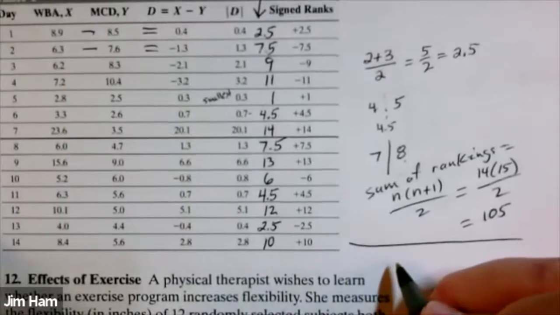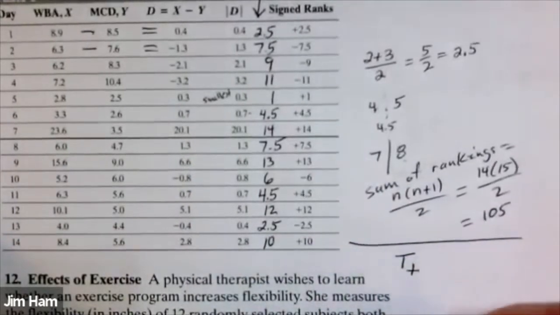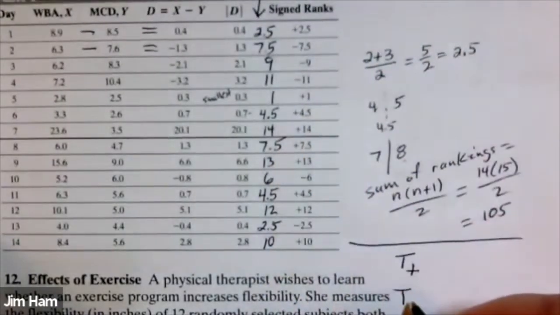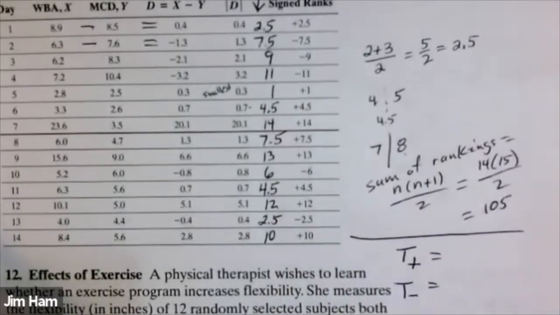All right, the next step when you see this is to calculate T plus and T minus. And one of those numbers will be your test statistic. And it really depends upon what the alternative hypothesis says, if it's a greater than, or if it's a less than, or not equal to.